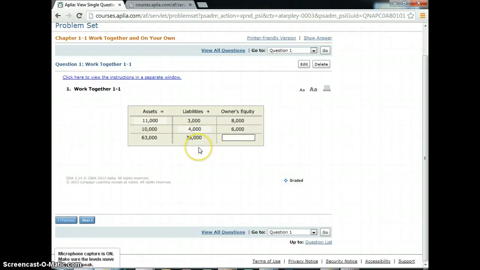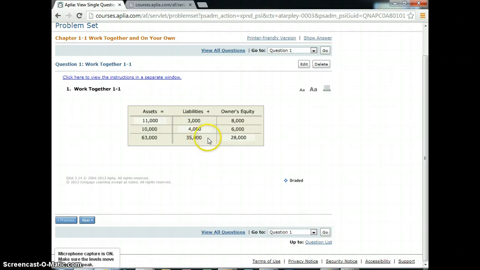This one's a little bit bigger number here. I've got my assets equaling 63,000 and my liabilities equaling 35,000. So therefore my owner's equity has to be, actually I'm going to have to get my calculator here, 28,000.